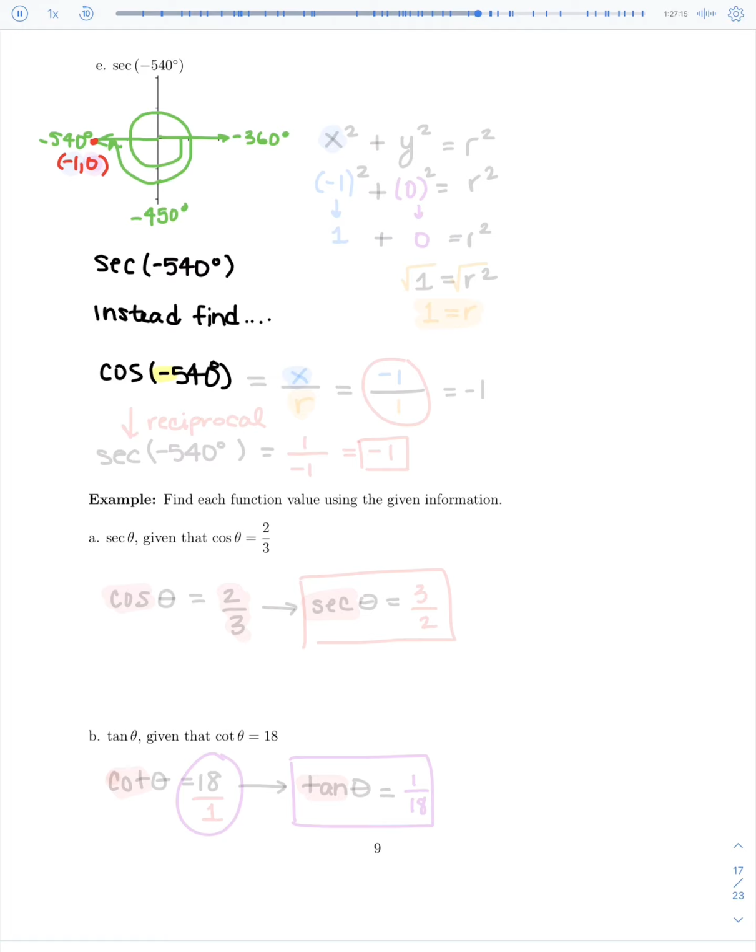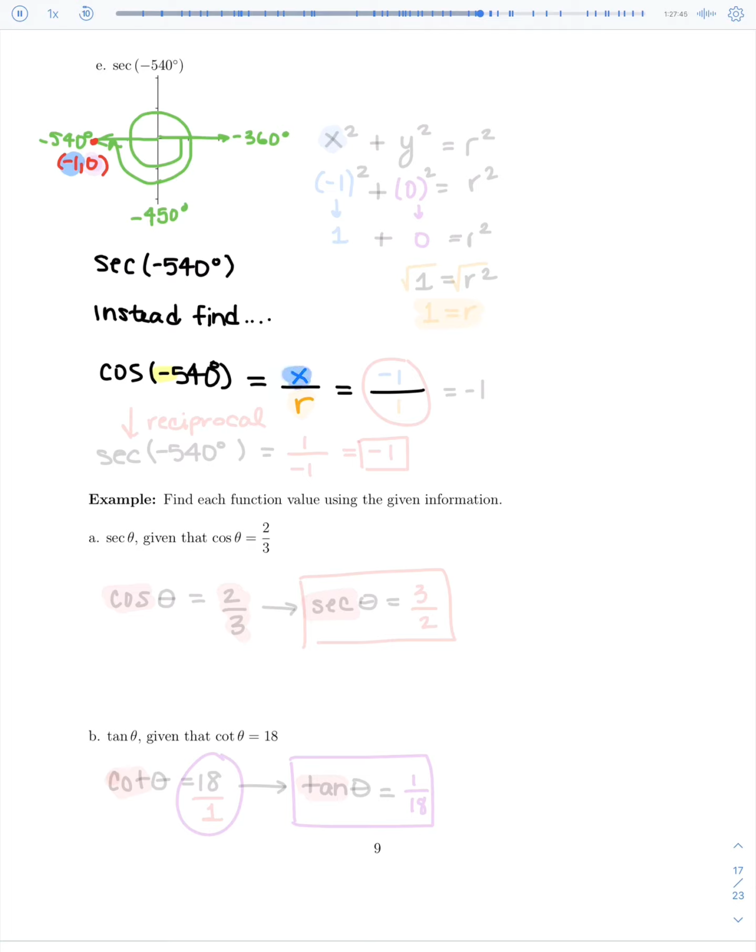So let's see how we're going to find out what cosine is. Well, remember, cosine is adjacent over hypotenuse, where adjacent is your x side, over your hypotenuse, which is your r side of your right triangle. So let's see what that ends up being. According to this point, our x side is going to be a negative 1.